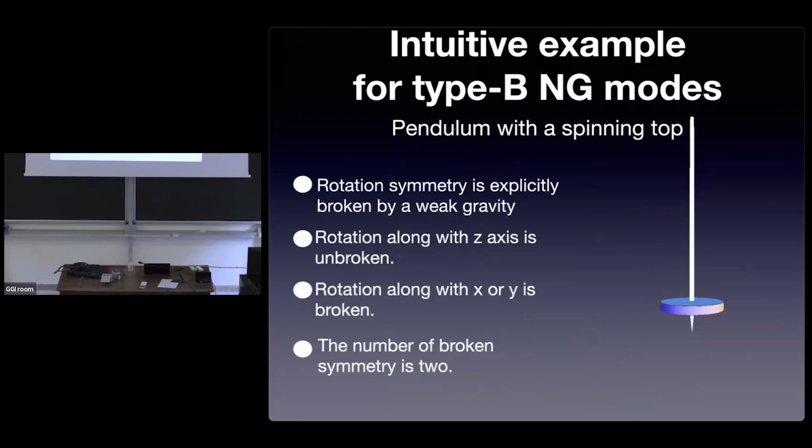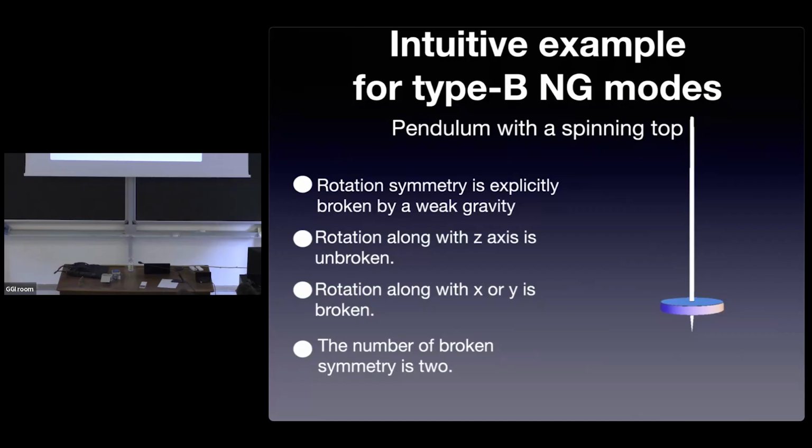To understand this kind of phenomenon, let's consider this kind of classical motion. This is a classical object, a pendulum with a spinning top. Its rotation symmetry is explicitly broken by the weak gravity. Since this system has gravity, the rotation along the z-axis is still unbroken, but the x and y axes are broken, somewhat spontaneously.